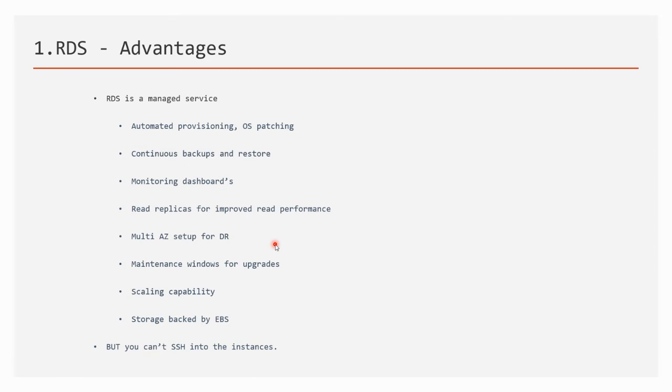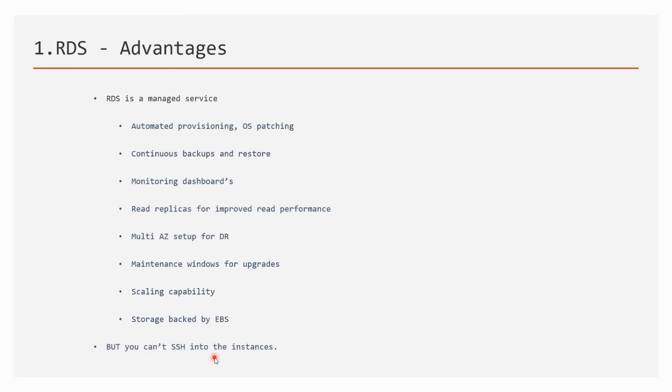And then the storage is backed by Elastic Block Store. We used Elastic Block Store when we created the EC2 instance, if you remember. The only restriction, though I don't think of it as a restriction, is that we cannot SSH into the instances, but we don't need to.